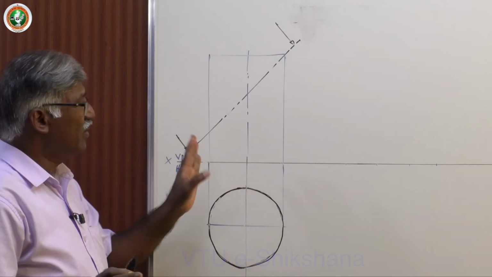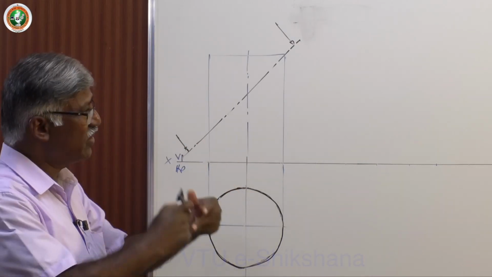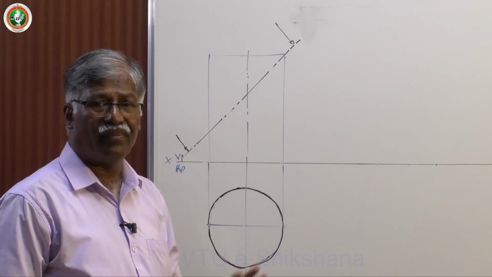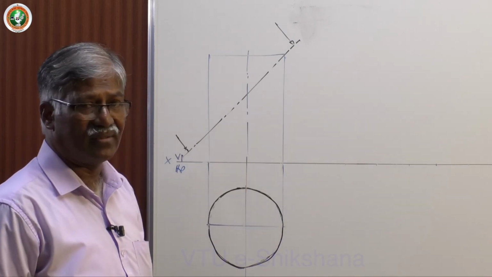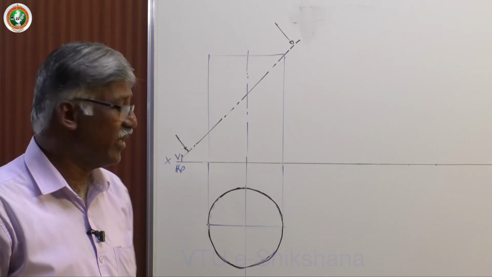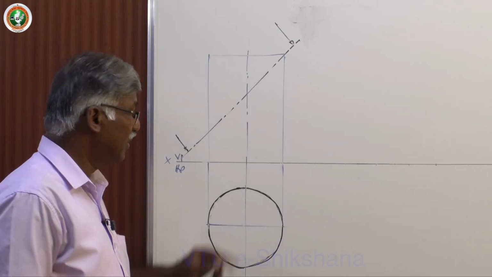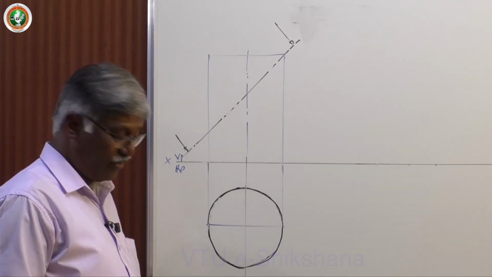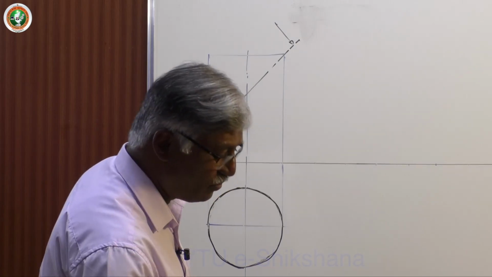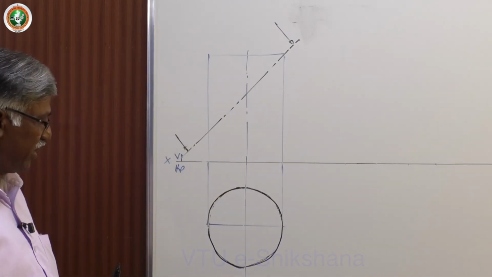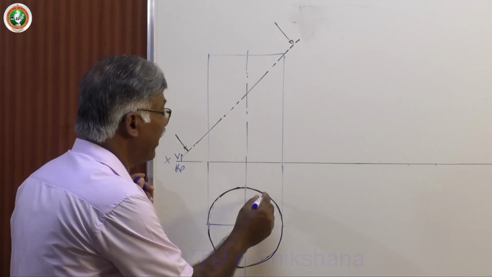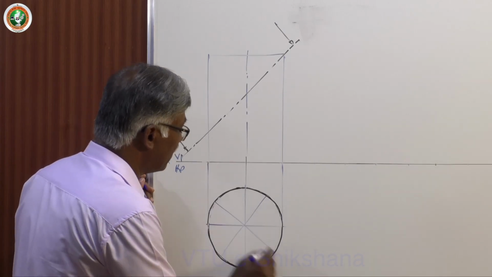If I don't have a section plane, I would simply keep the rectangle as the development. If it is simply a cylinder, here it is truncated. Definitely you must divide this into n equal parts. That you have done in solids, laminae, etc. So you go to array, circular array, and then divide this into 8 equal parts.